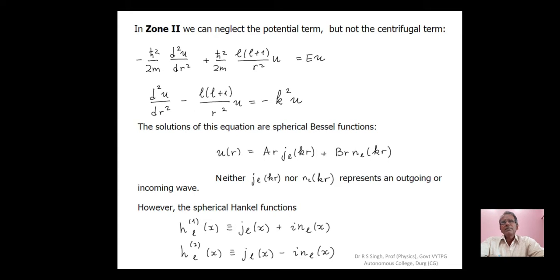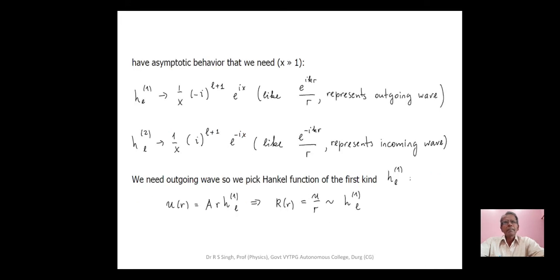We have the spherical Hankel function of first kind h_l^(1) and of second kind h_l^(2) as the sum and difference of j_l and η_l respectively. Hankel function of first kind represents the outgoing wave and that of second kind represents the incoming wave.